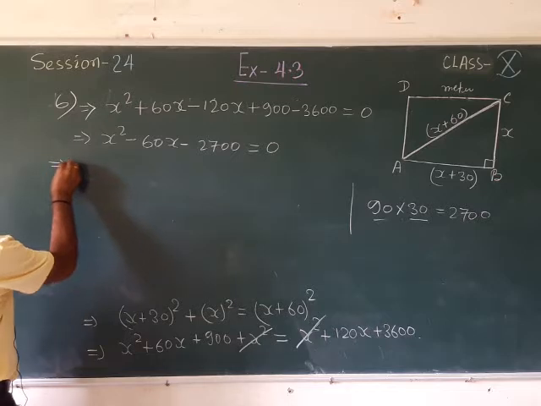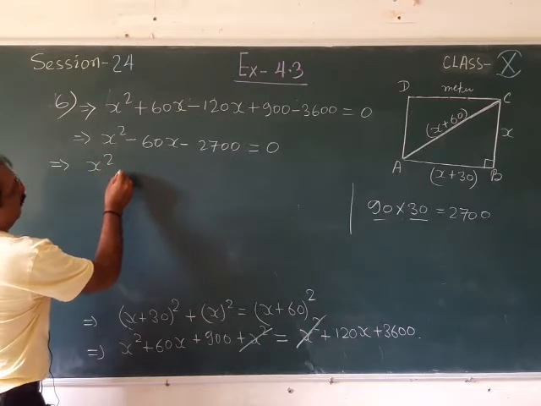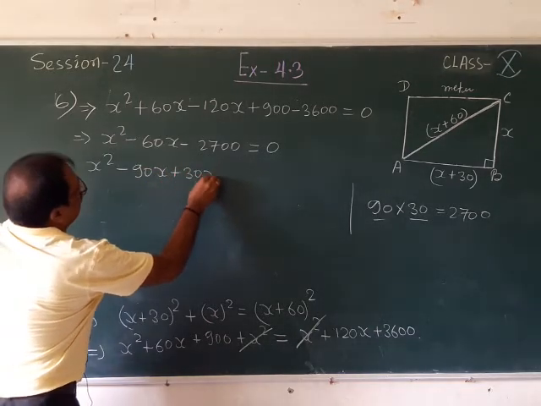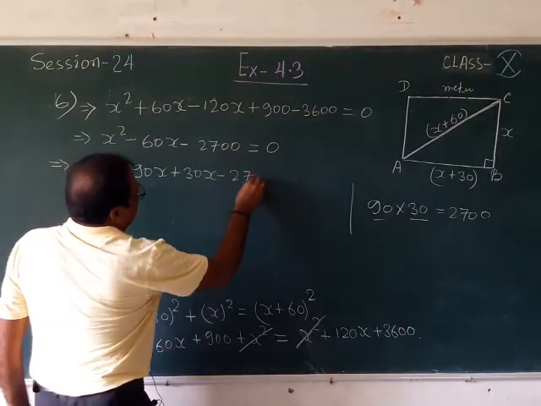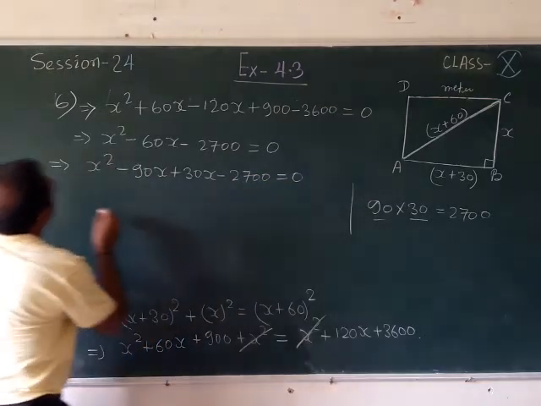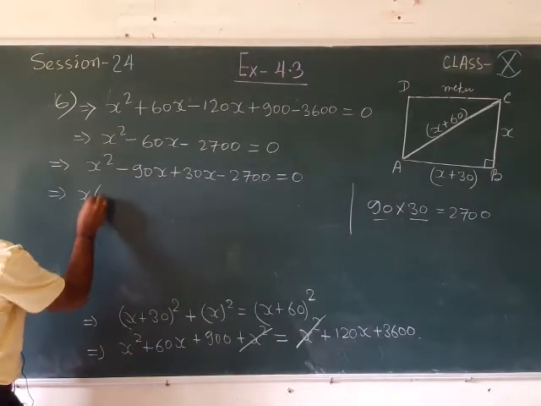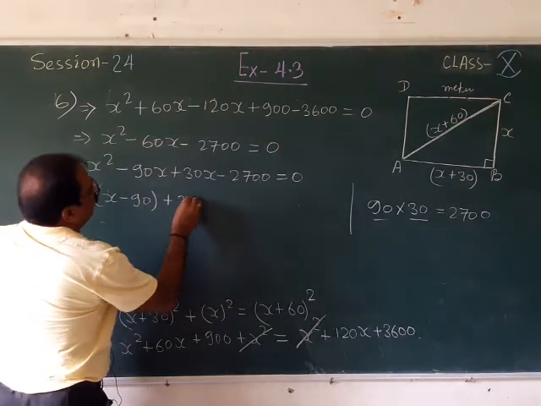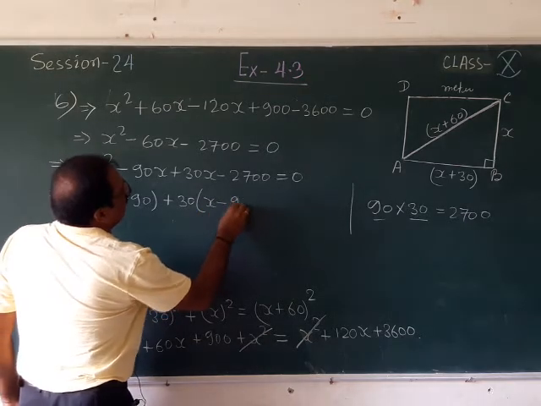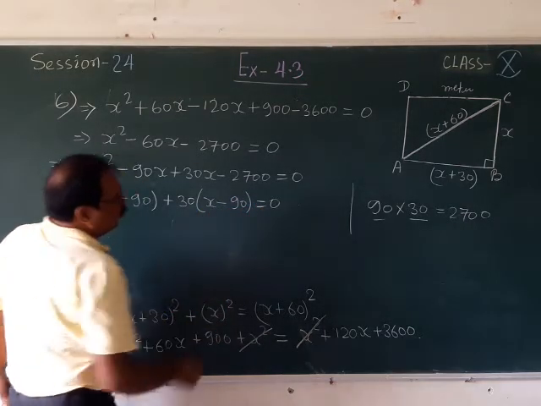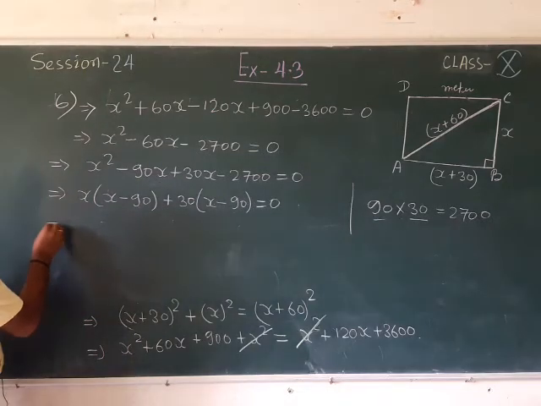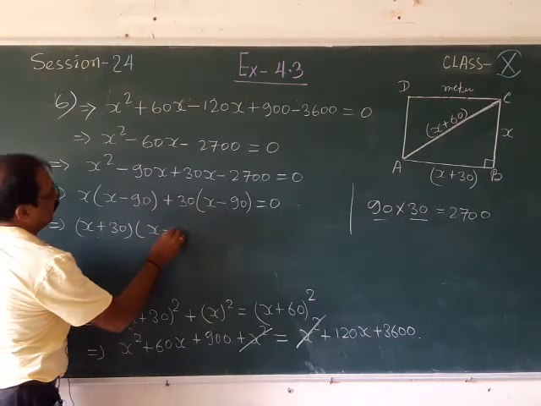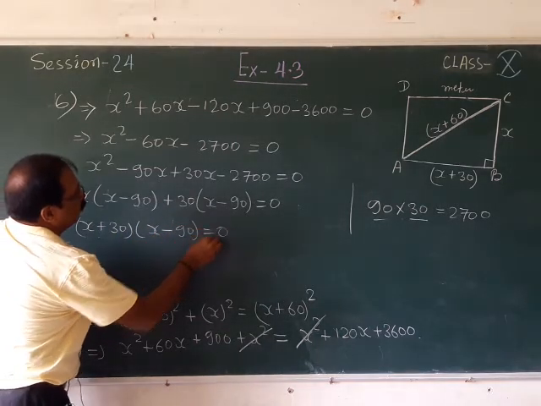So I can adjust this equation like that: x square minus 90x plus 30x minus 2700 is equal to 0. Further, I can write x minus 90 and plus 30 I am going to take common, it will be x minus 90 itself, that is equal to 0. So further it can be written as x plus 30 into x minus 90 is equal to 0.